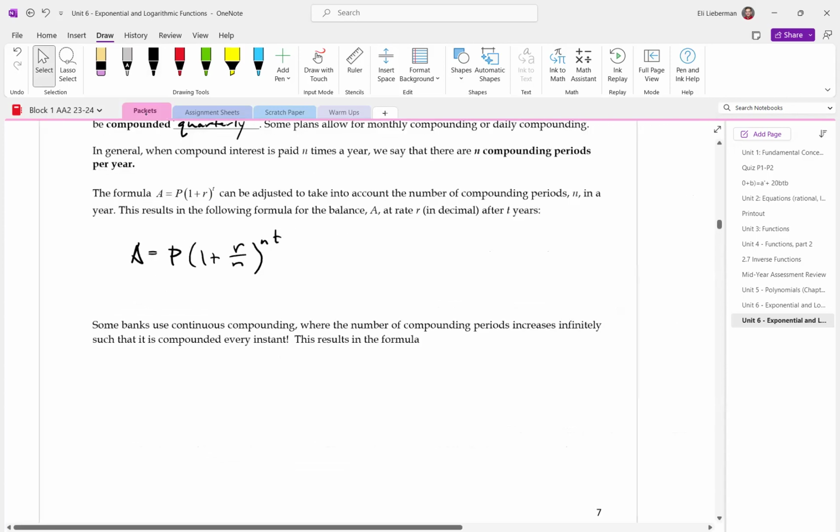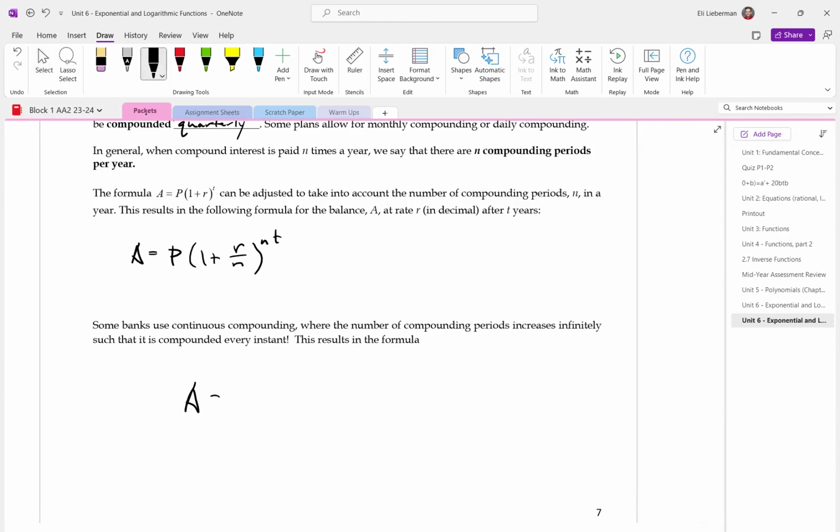Some banks use continuous compounding, where the number of compounding periods increases infinitely, such that it's compounded every instant. This results in the formula A equals P times e to the r t.